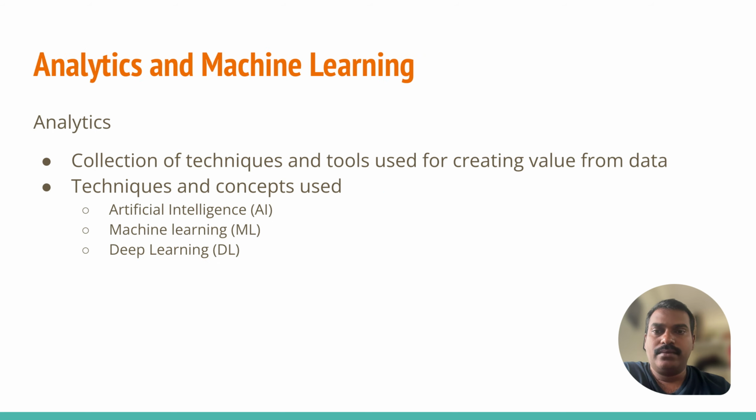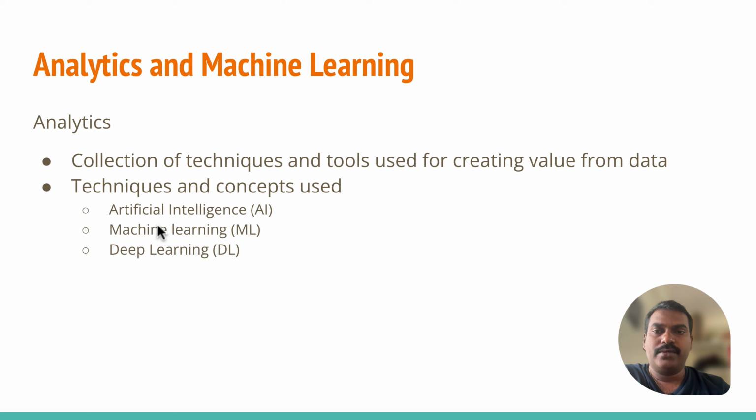Okay, so let's try to understand the word analytics. Because we use artificial intelligence, machine learning, and deep learning to create some value from the data. For all these things you need data, and from the data you analyze something, and from the analysis you will predict something.